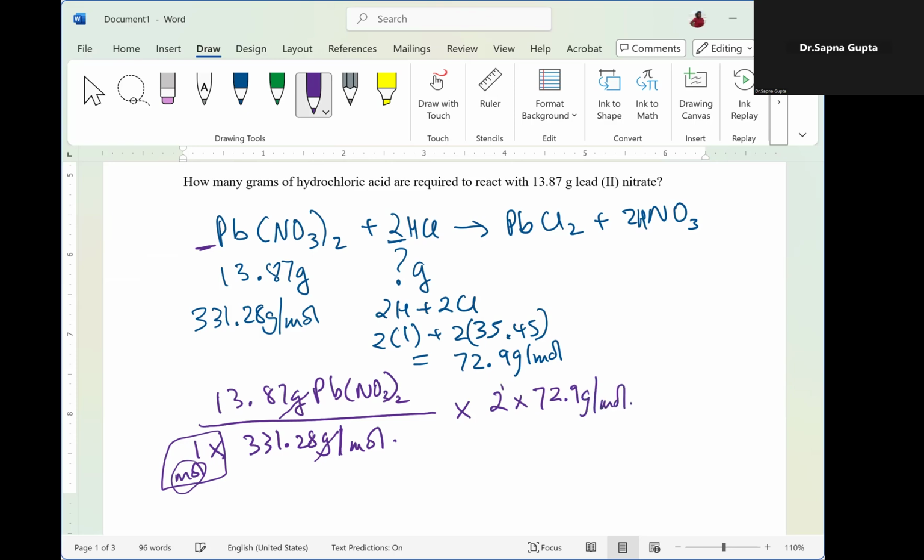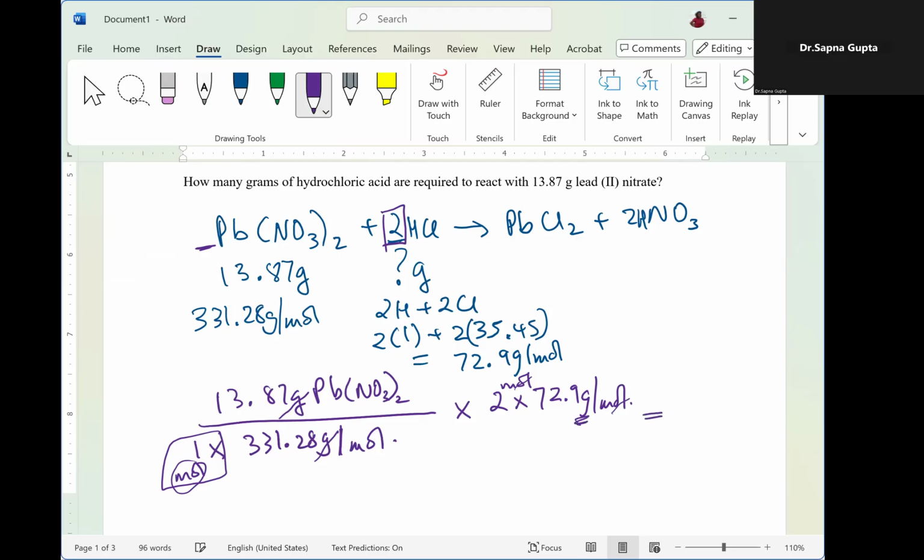Again, this 2 is actually moles, right? Because the coefficient here that we have is 2, but that is actually 2 moles. That's what we mean, right? 1 mole of lead nitrate combines with 2 moles of hydrochloric acid to give us 1 mole of lead chloride and 2 moles of nitric acid. That's what really it is. So again, the moles and the moles will cancel out. So you'll be left with grams at the end.